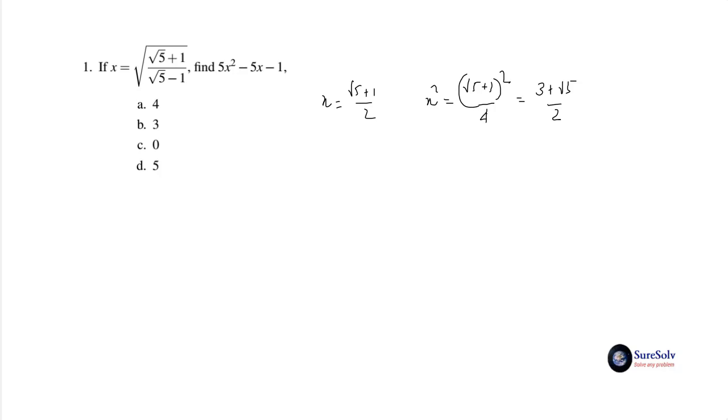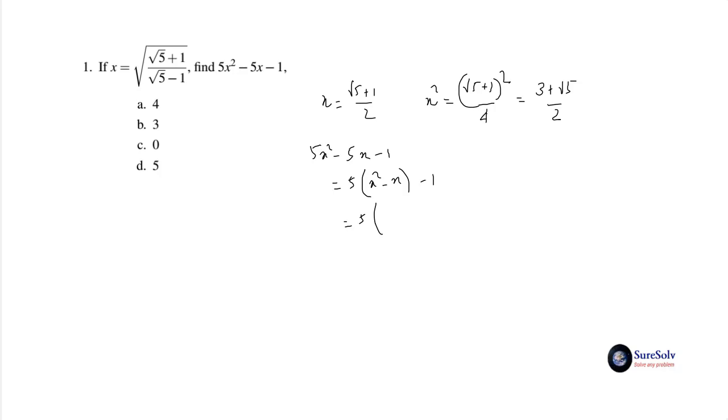And substituting these values of x square and x in the target expression 5x square minus 5x minus 1, we get 5 into x square minus x minus 1 equal to 5 into, x square is 3 plus root 5 by 2 and x is root 5 plus 1 by 2.